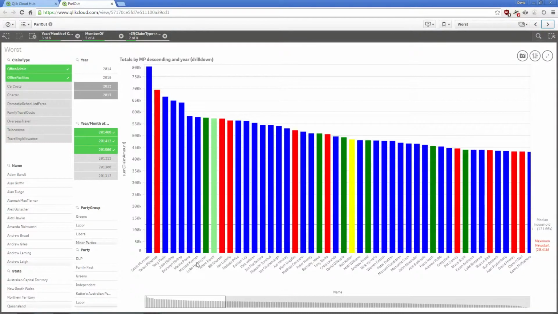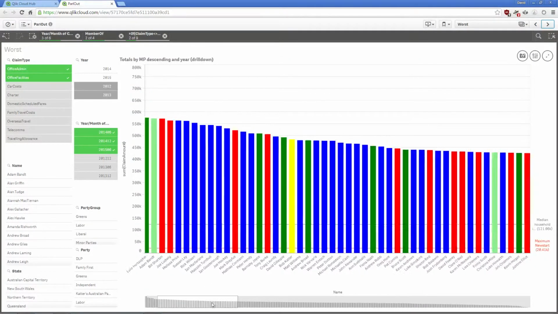Who's Tony Pasin? Who's Joe Ludwig? Well, I know who Joe Ludwig is, but anyway. Luke Hartsuyker, who's he? I mean, these aren't people who are ministers. Well, Luke Hartsuyker might be a minister, but it does seem to be an extraordinary amount of expenditure for what it's claimed to be.